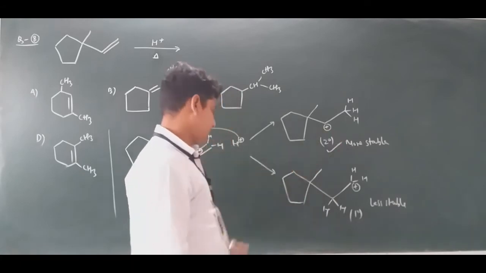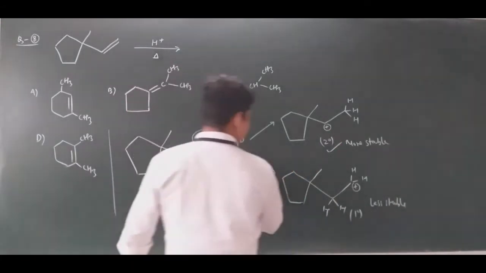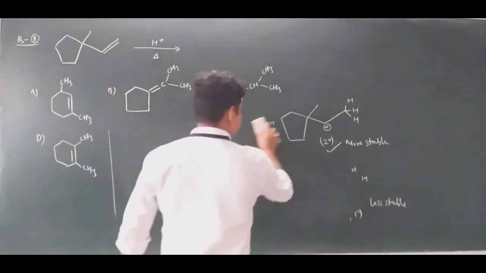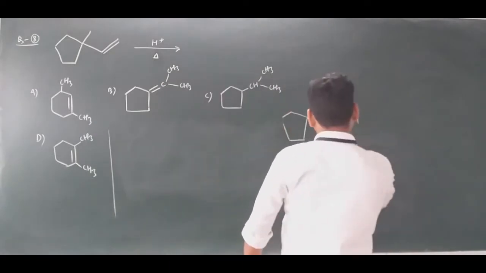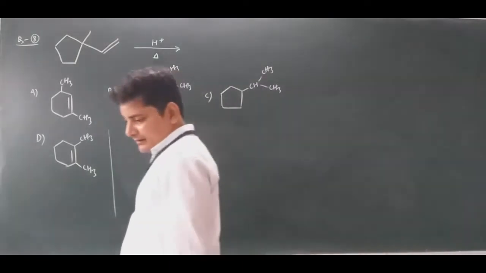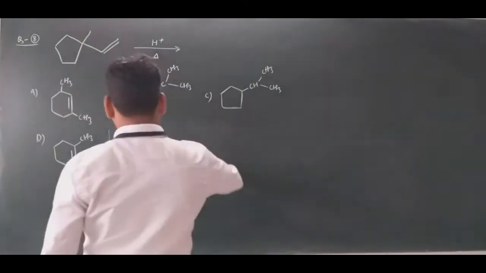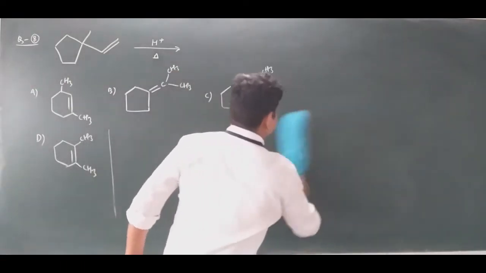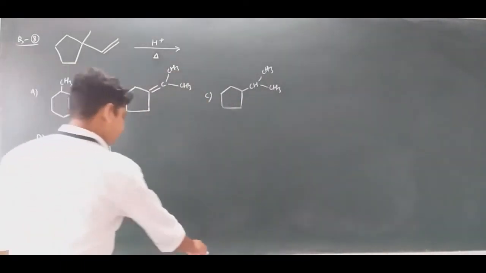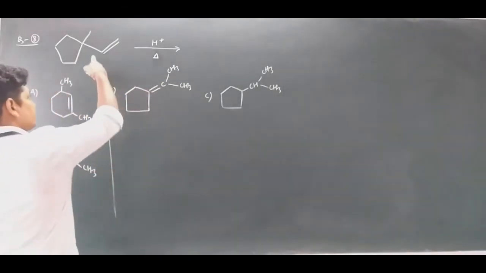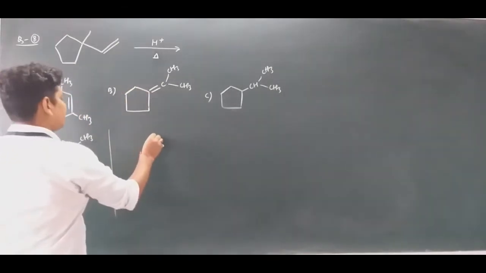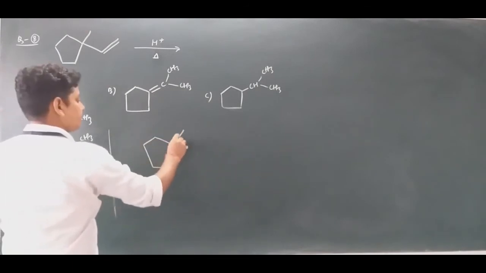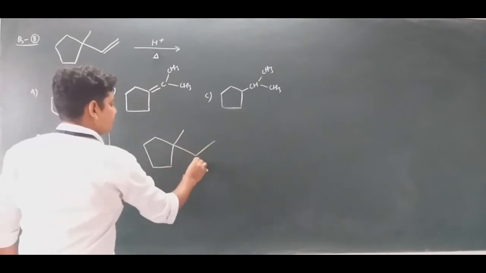Now what happens after this? We have considered the more stable carbocation, and the more stable carbocation corresponding to this is this.